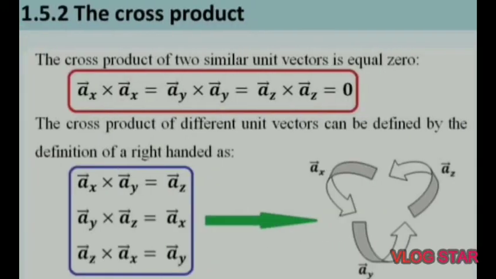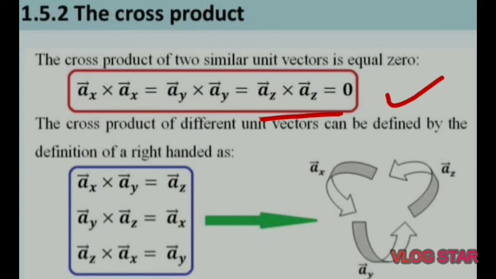The cross product of two similar unit vectors is always equal to 0. That means AX bar cross AX bar is equal to AY bar cross AY bar is equal to AZ bar cross AZ bar, and it always gives the value 0.